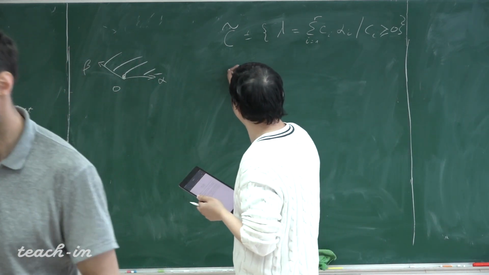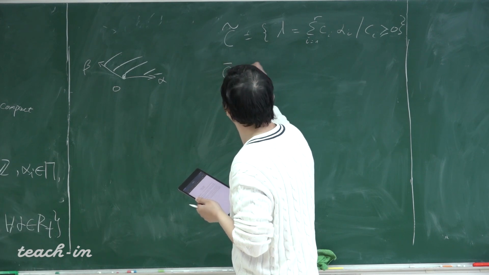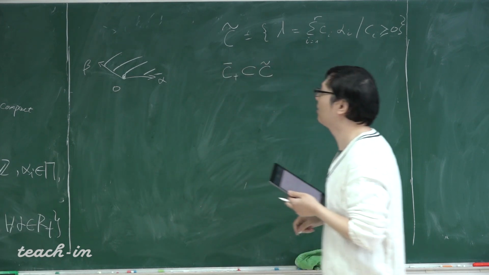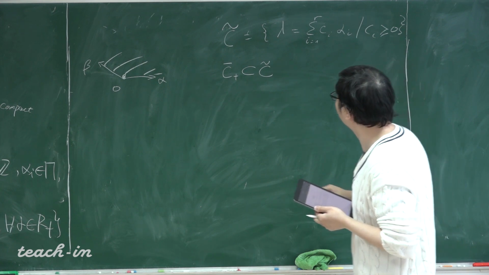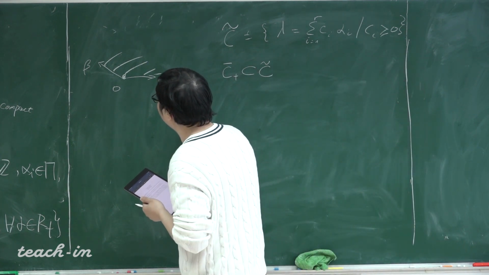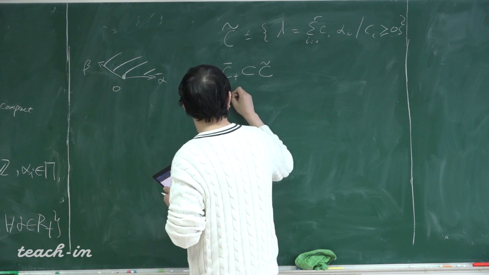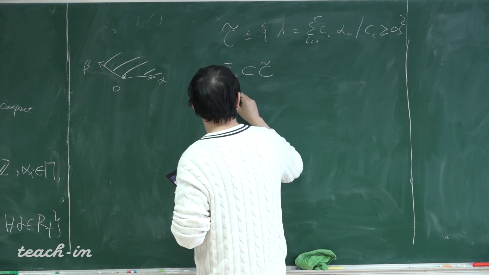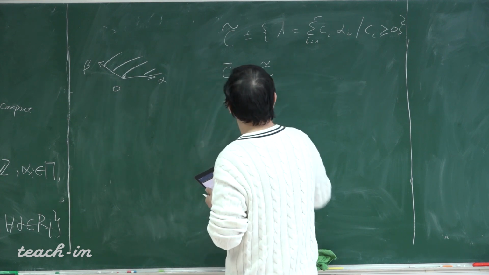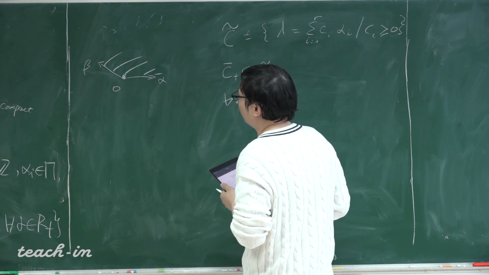Okay. And so you say that C plus bar is inside C tilde. Why is that? Let's just prove.